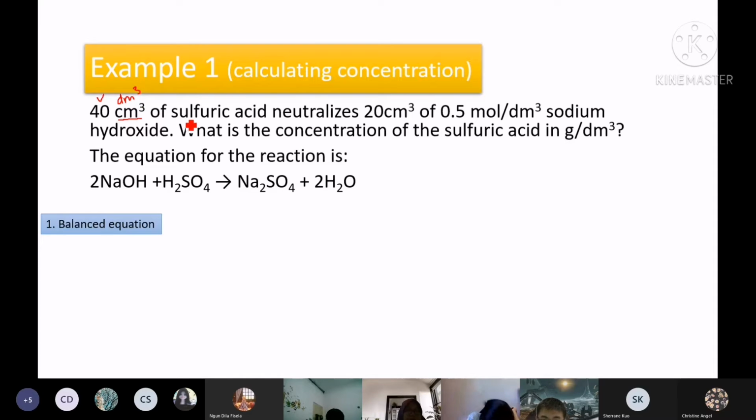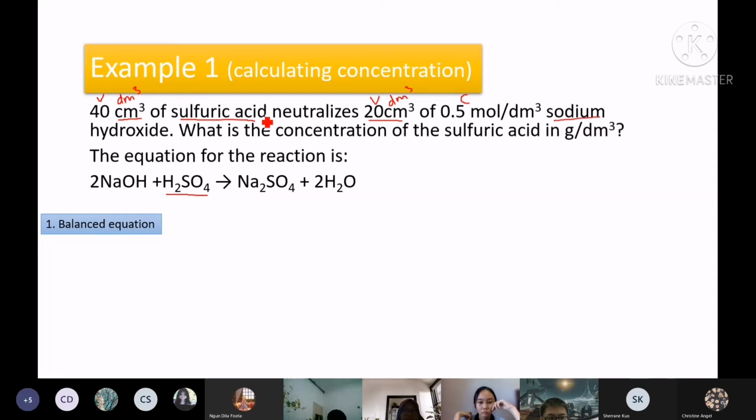Sulfuric acid. What is sulfuric acid? It's H2SO4. Neutralized by 20 centimeter cubes, which is also volume. We need to change it, same as the sulfuric acid, to dm cube. Mole over dm cube is the unit of concentration.